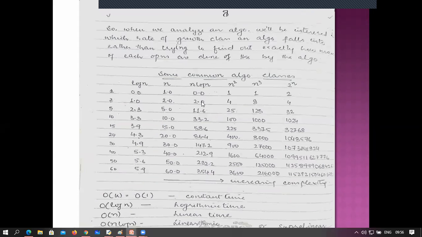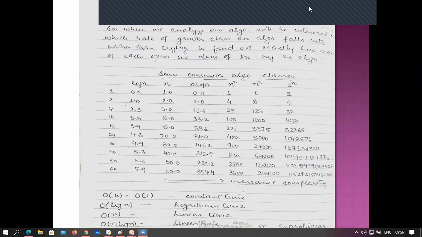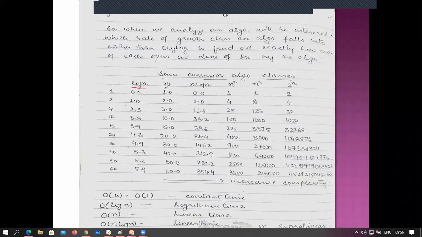And this is very important. I have made one table, and I'm again saying it's very important, because whenever someone is asking you a question from this unit in viva, mostly that question will be related to this table. Here I have written some names. I have written log n, then n log n, then n square, n cube, 2 raised to power n.